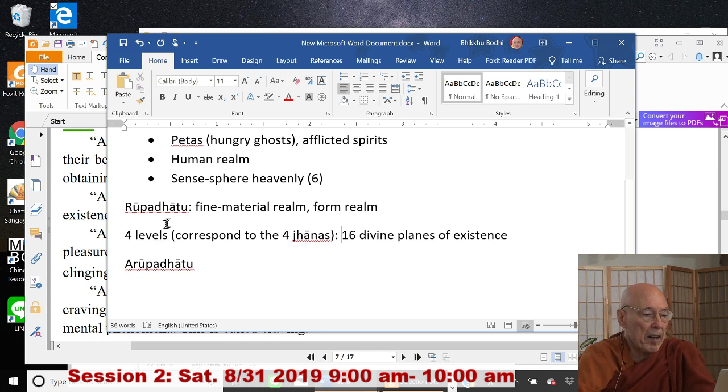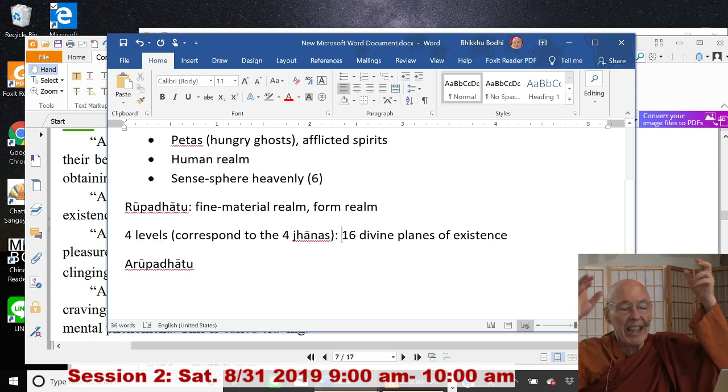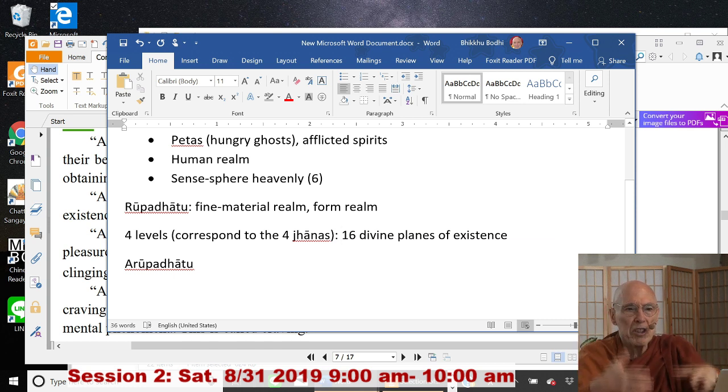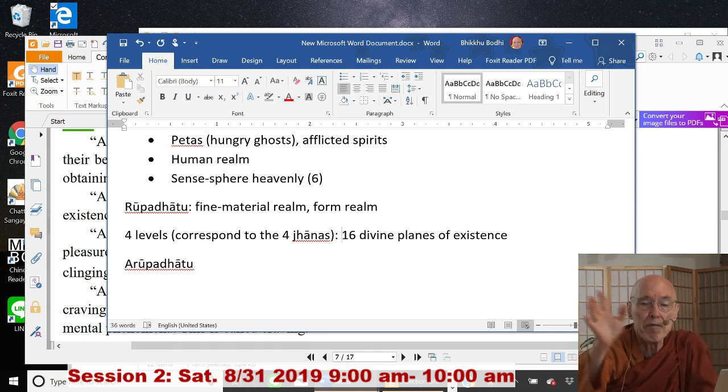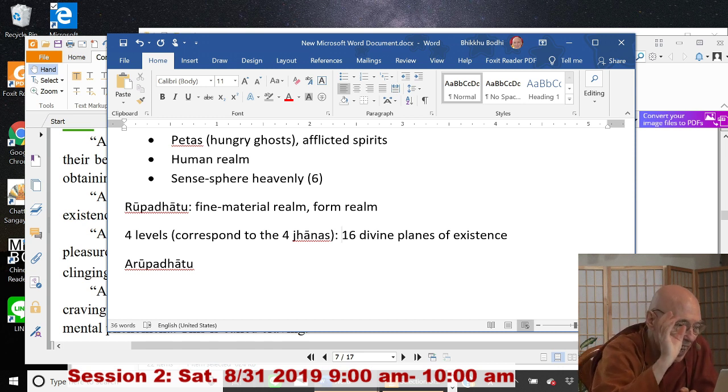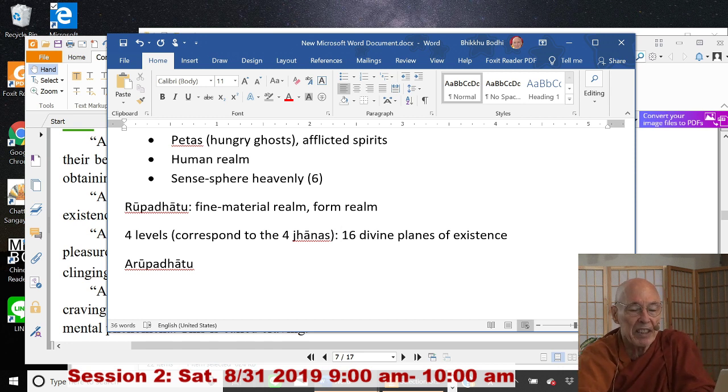And then what's characteristic in the fine material realm is that the grosser types of sensory experience have vanished. They're absent. So the level of experience there is extremely subtle, let's say, a very exalted level of experience.